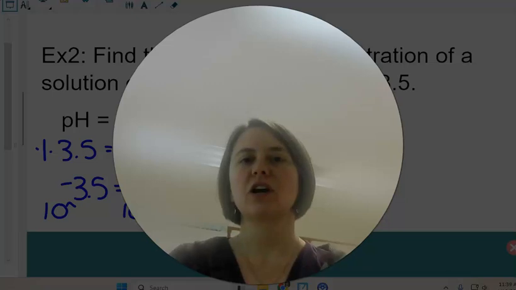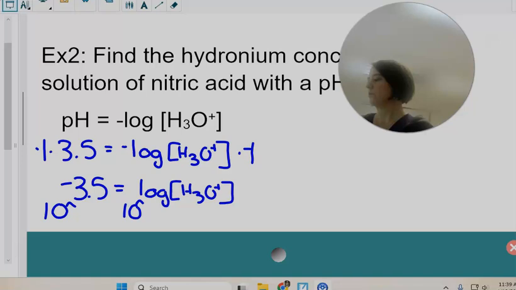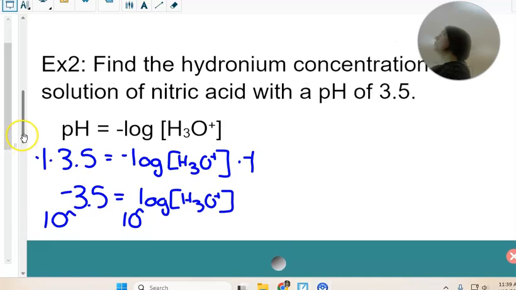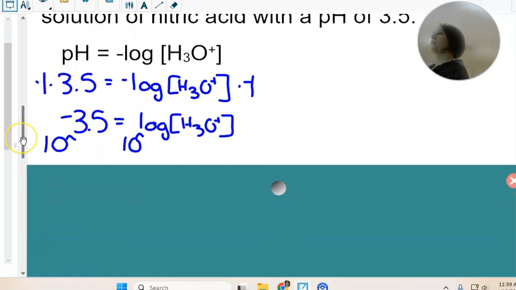And we're going to finish up our 13.2. If you remember, we were left with a little bit of a cliffhanger in Part 2, where we were solving for the hydronium concentration of a solution with a pH of 3.5.